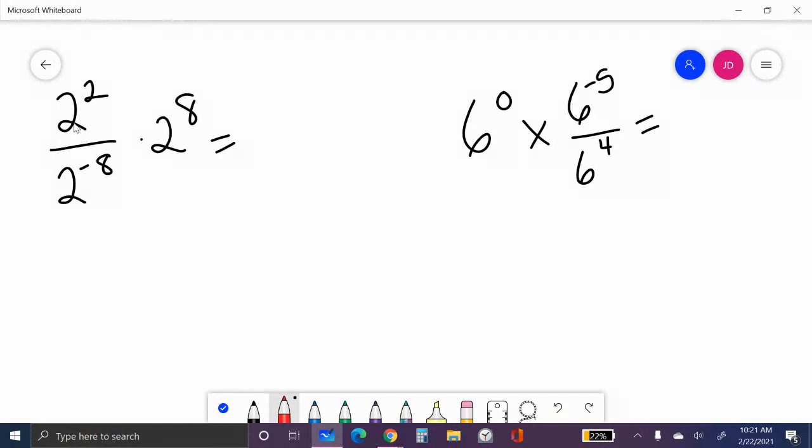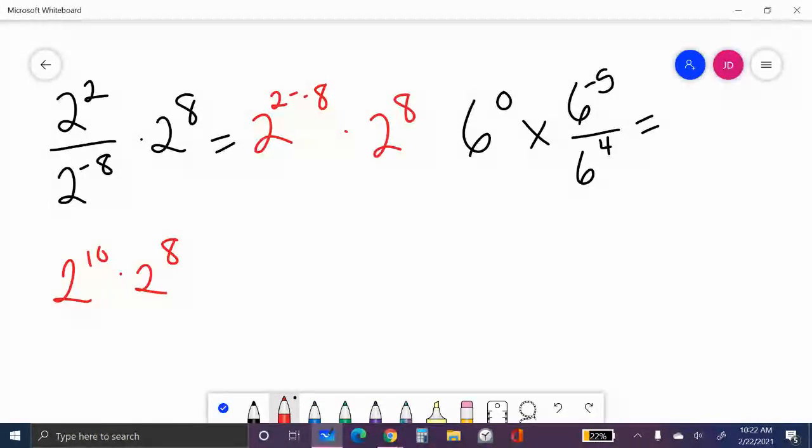So over here, we have 2 to the second divided by 2 to the negative 8, which is 2 to the 2 minus negative 8. 2 minus negative 8 is 2 to the 10th, times 2 to the 8th. Keep the base and add the exponents. So you would get 2 to the positive 18.